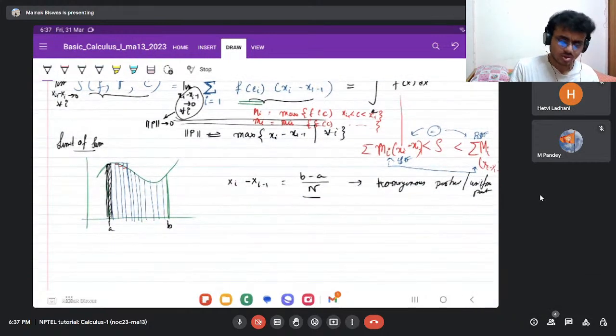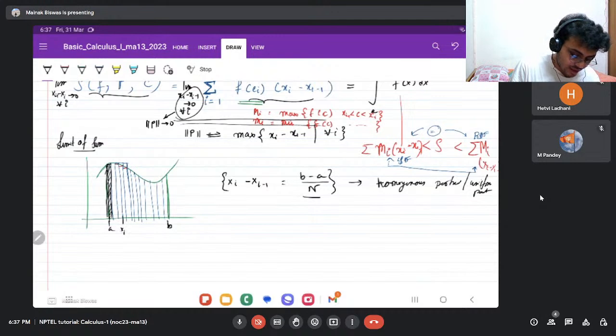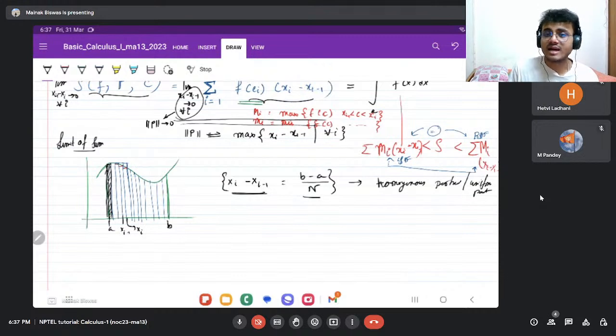Okay. So what we are doing is trying to approximate the area under this curve using a sum of rectangles. For every x_{i-1} and x_i, we'll take the gap between them as b minus a by n. So we'll have n such rectangles, or of the order of n rectangles, n plus 1 or n minus 1, whatever it is.